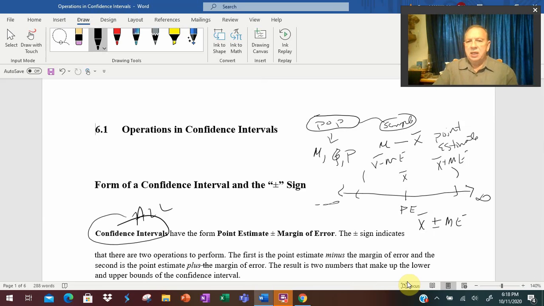And then we're just going to take the point estimate. What are we trying to estimate, and what looks similar to that in the sample? That's going to be our first estimate, and basically in the middle of this confidence interval we're going to develop, okay? And then it's always the point estimate plus or minus the margin of error, and this is different depending on what we're trying to do, okay?